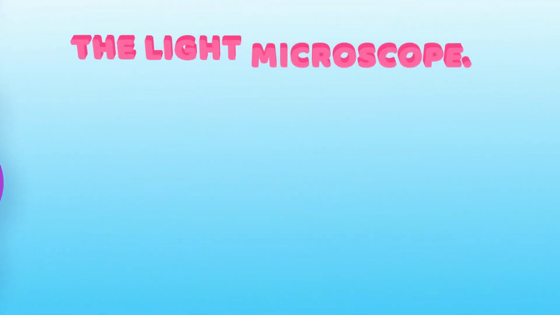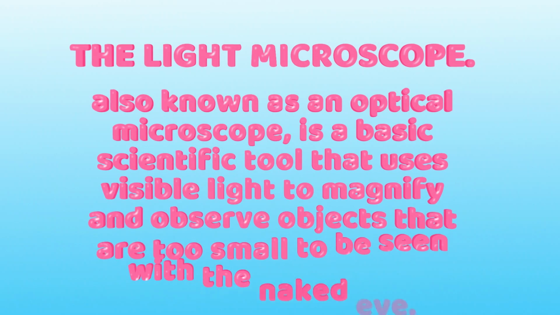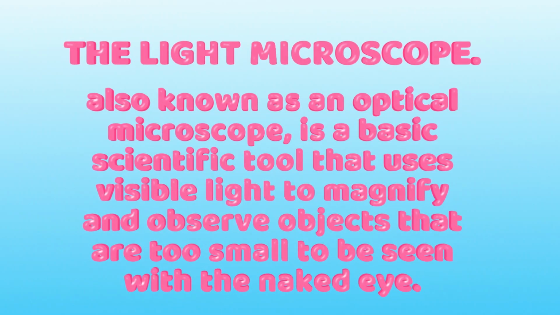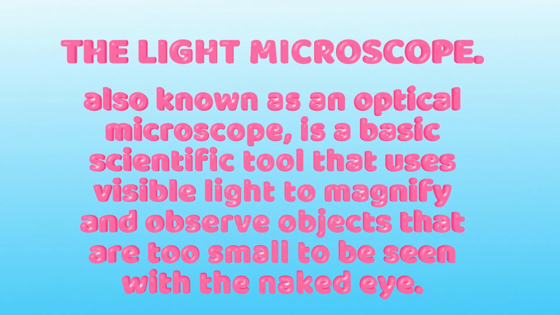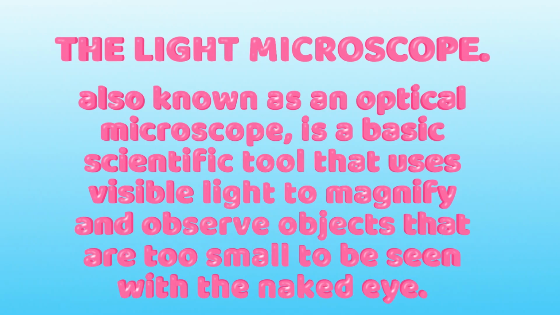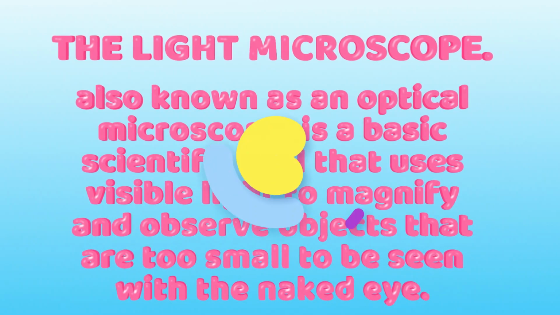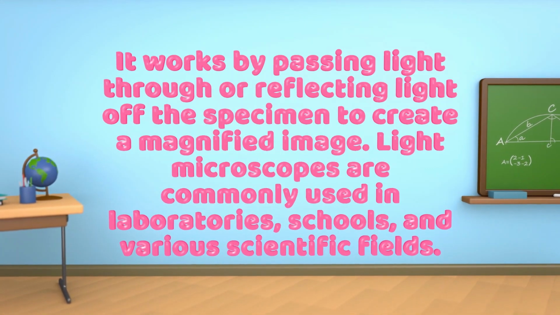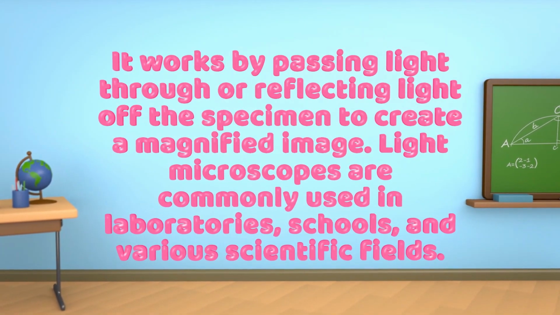Again, we have the light microscope, also known as an optical microscope. It is a basic scientific tool that uses visible light to magnify and observe objects that are too small to be seen with the naked eye. It works by passing light through or reflecting light off the specimen to create a magnified image.